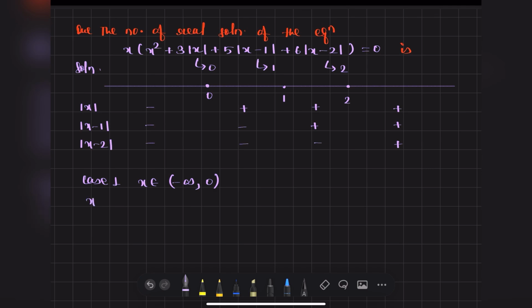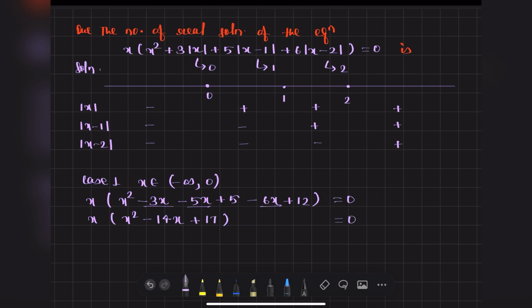So we have x square minus 3x minus 5x plus 5 minus 6x plus 12 equals 0. Now let's try to simplify this part. X square, 14x plus 17.